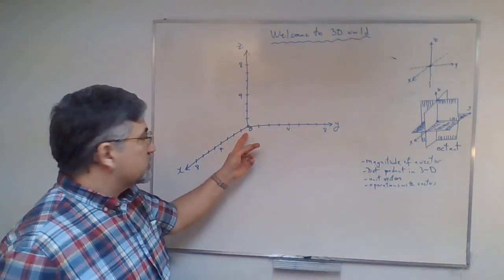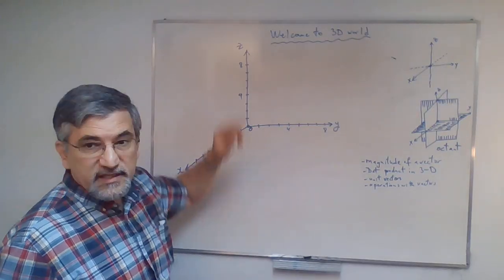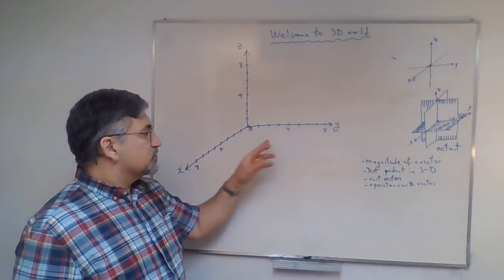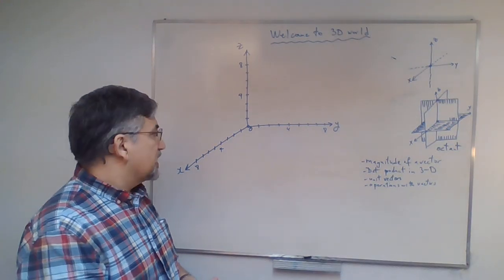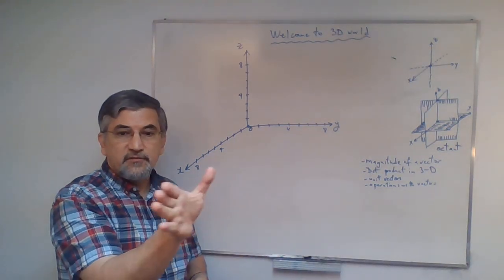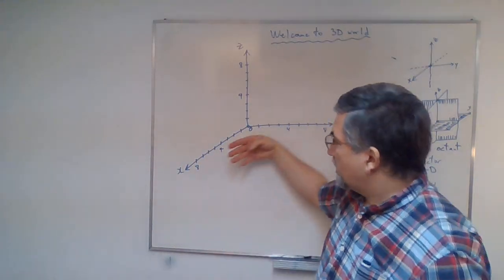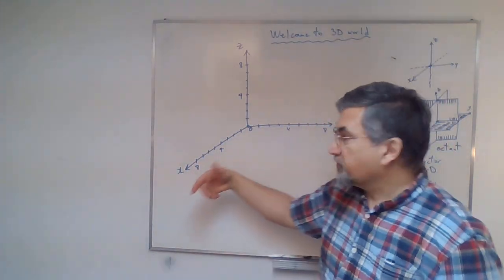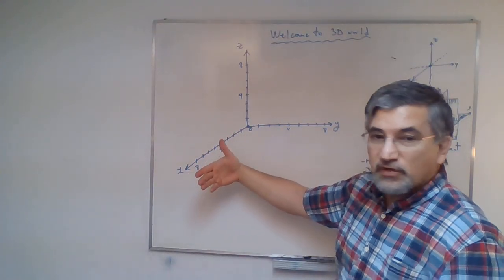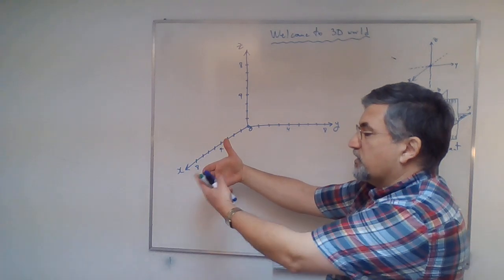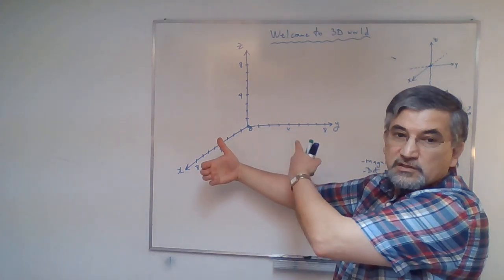The origin is where the 3 axes meet one another: the x-axis, y-axis, and z-axis. To label these axes, we always use the right-hand rule. It says that if you hold your hand so that the 4 fingers point in the positive direction of the x-axis, then when you bend your 4 fingers, they bend towards the y-axis.